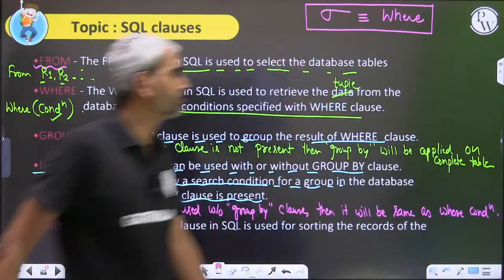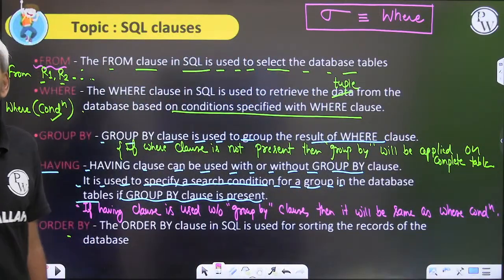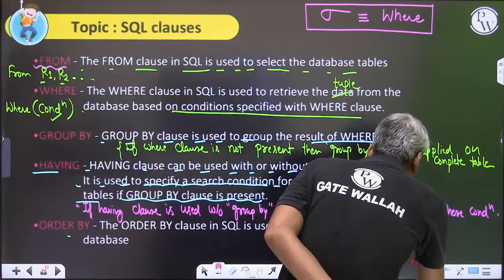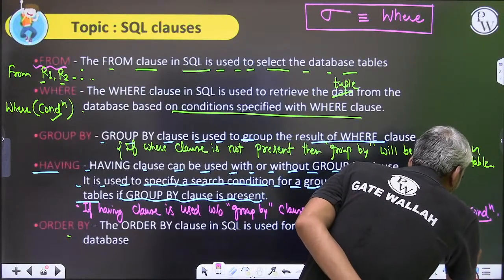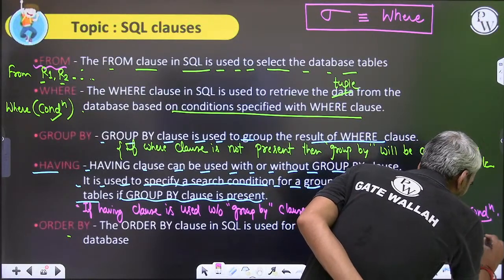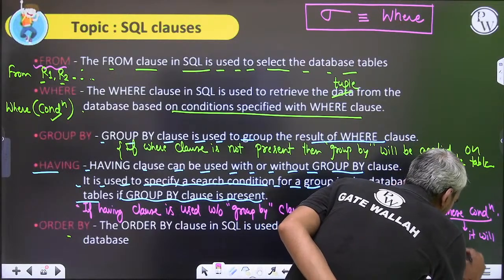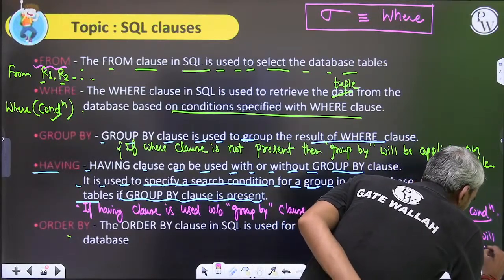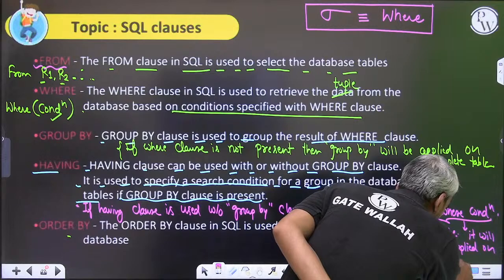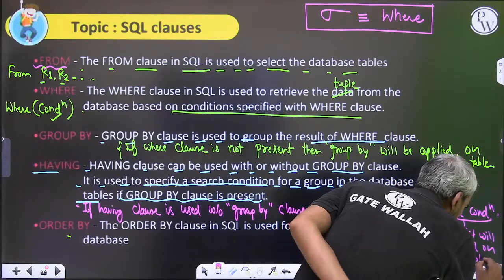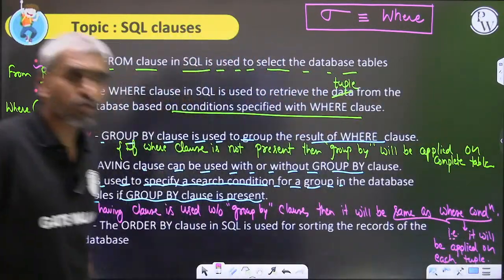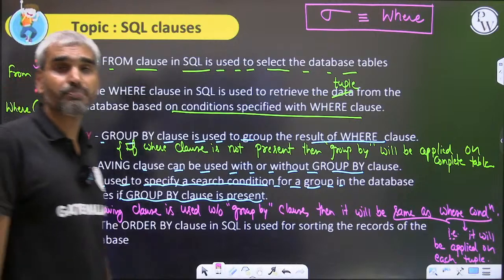It will be the same as the where condition. That is, it will be applied on each tuple rather than on each group. If there is no group, then it will be applied on each tuple.